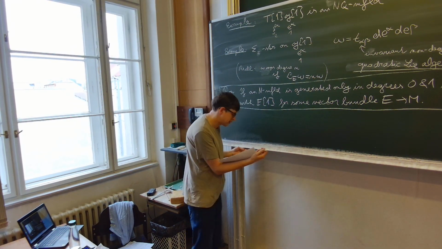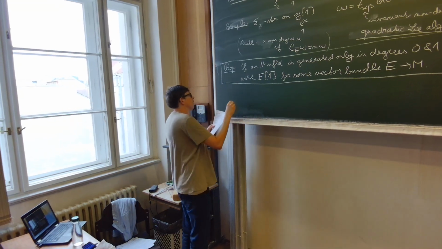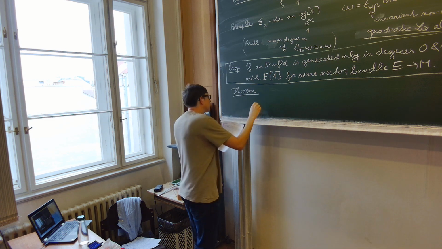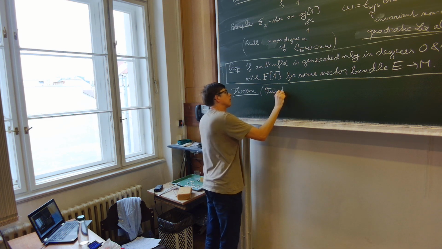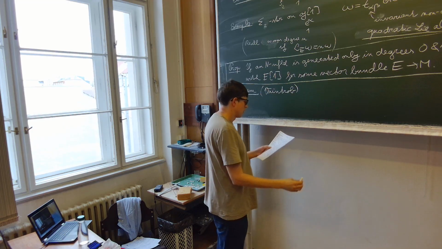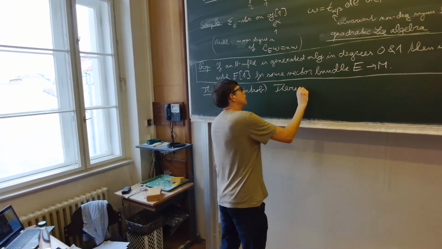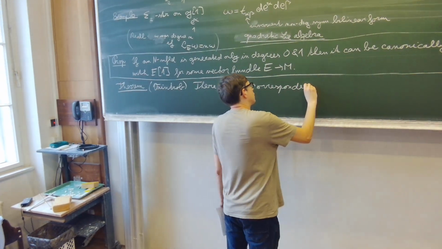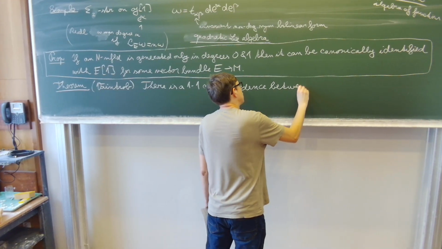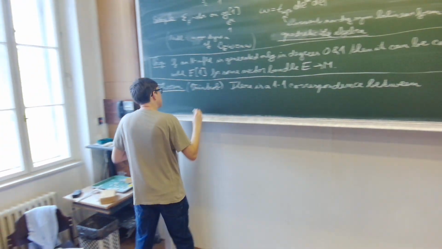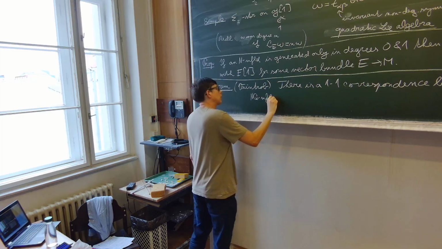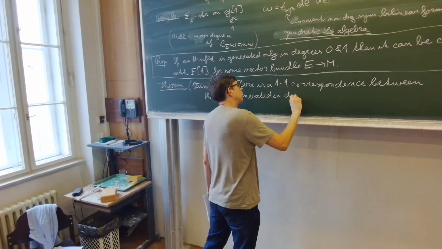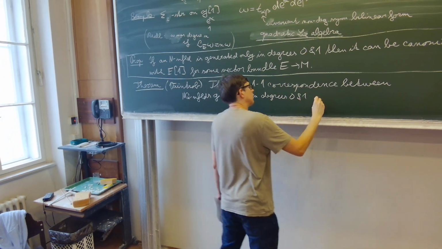Well, let me just state this as a fact for now, or forever. And now for the theorem, I think this is due to Weintraub. It says that there is a one-to-one correspondence between NQ manifolds generated in degree 0 and 1 and Lie algebras.